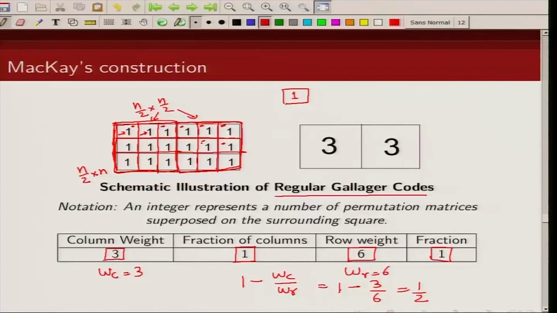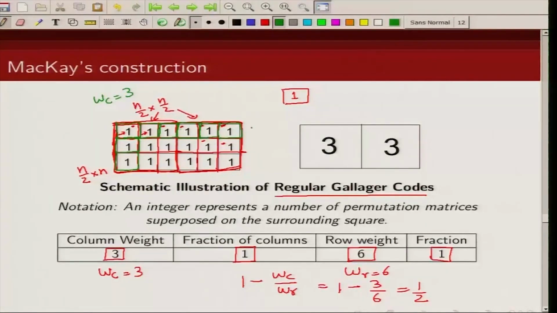Note that we need a column weight of 3. Now, if we stack 3 permutation matrices like this, each of these permutation matrices has one 1 in its column. So, overall we will get column weight 3, and if we stack 6 of them like this, then each row also has one 1 from each.